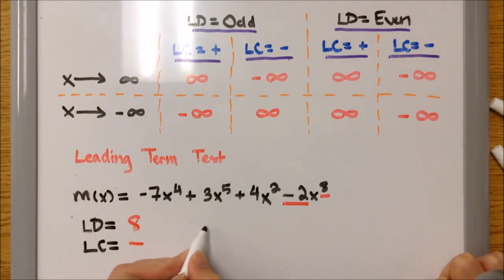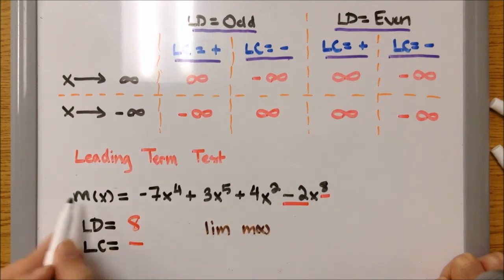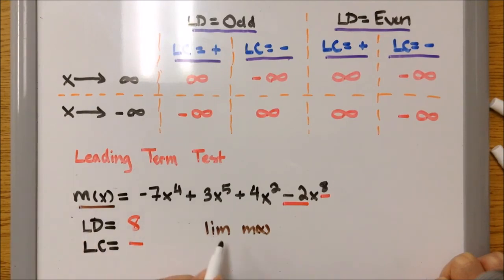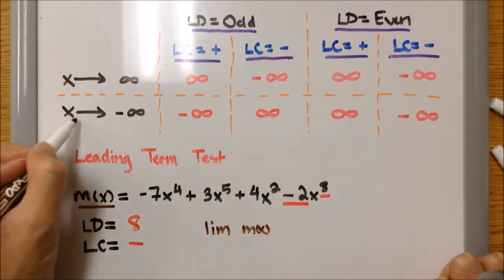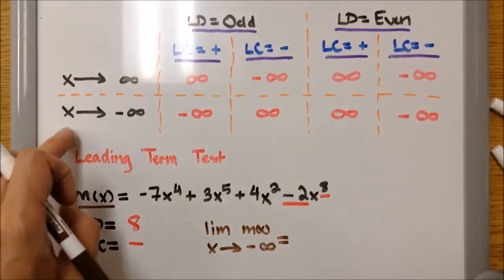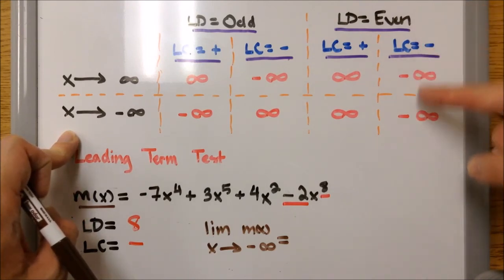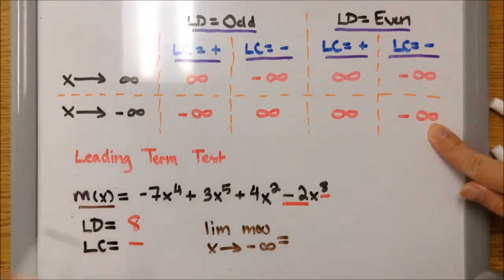So we're going to do limit of m of x. Again, I'm using m of x because that's what they use. Limit of m of x as x approaches negative infinity. We're doing the left side first. So as x approaches negative infinity, here's the left side. Here's the even and negative leading coefficient. So left side is this.